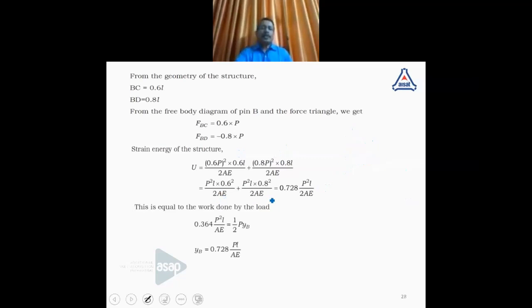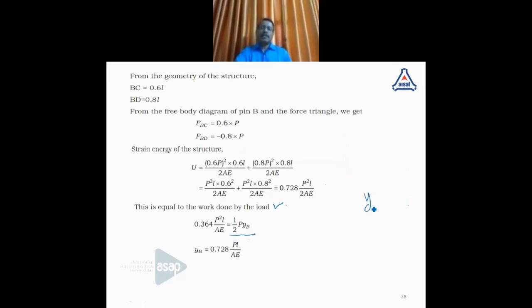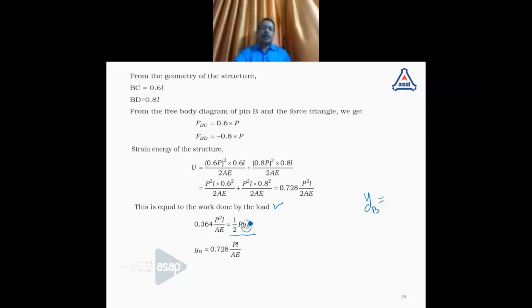This is equal to the work done by the load. Work done is half of P into YB, where the deflection at the point B is YB, the unknown. So this 0.728 by 2, we have taken as 0.364 P square L by AE.